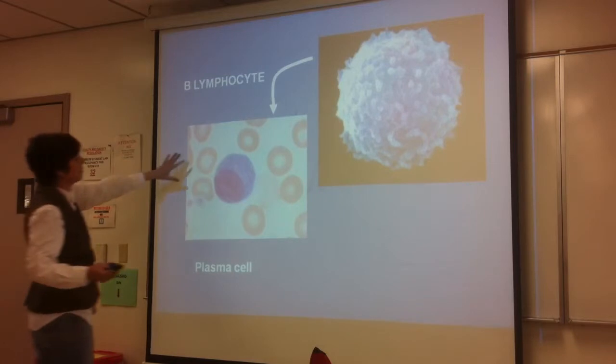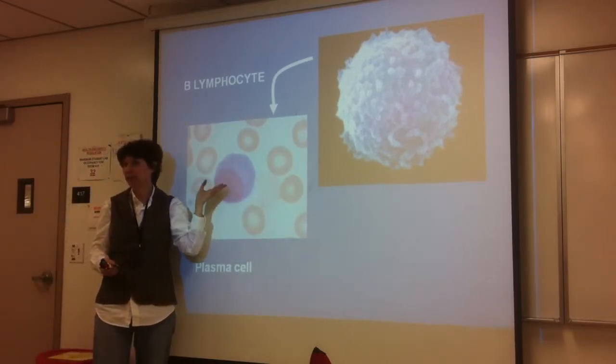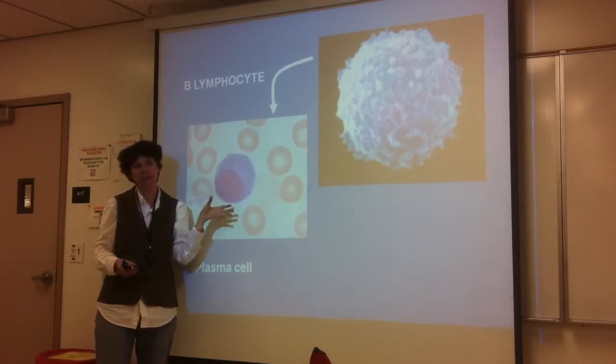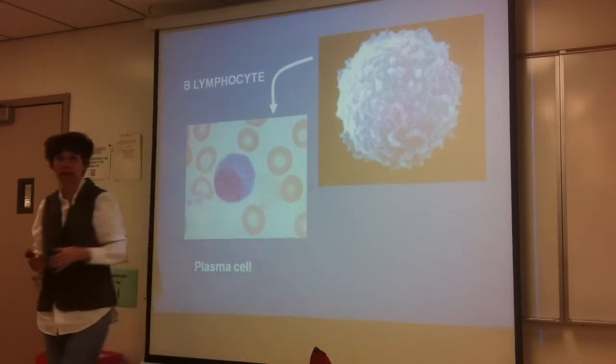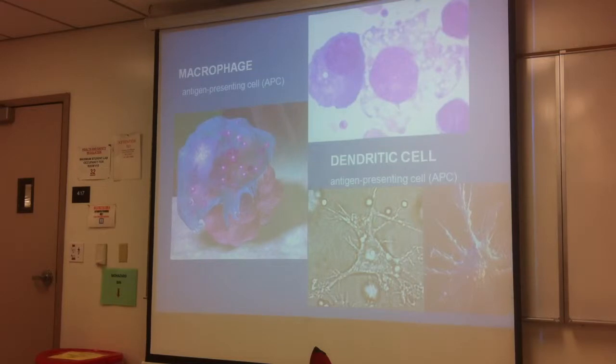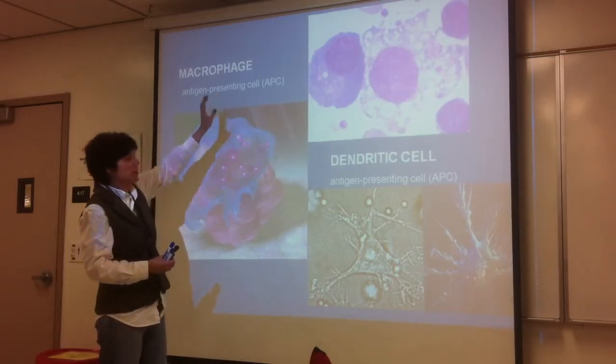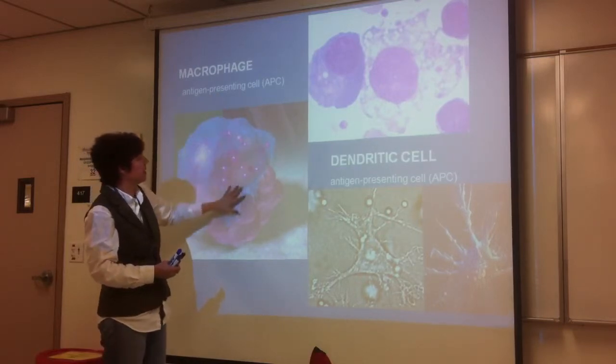And this is unusual, actually, to see plasma cells with red blood cells. Plasma cells typically are activated in connective tissue, where we don't have red blood cells. And then B lymphocytes are one of our three types of antigen-presenting cells. Well, that's one of the processes we're going to talk about today. And the other two, I don't have the word dendritic cell on your paper, but you can add that. So macrophages, B lymphocytes, macrophages.